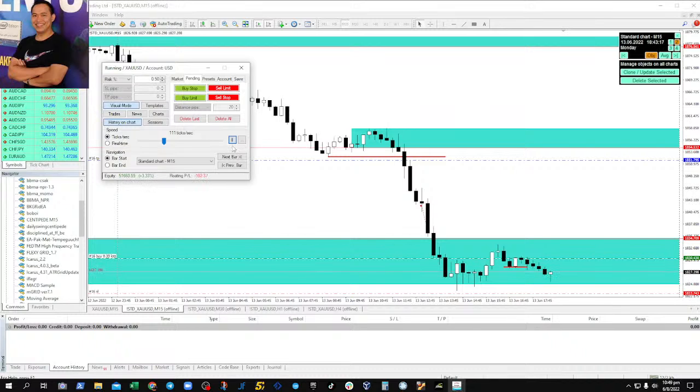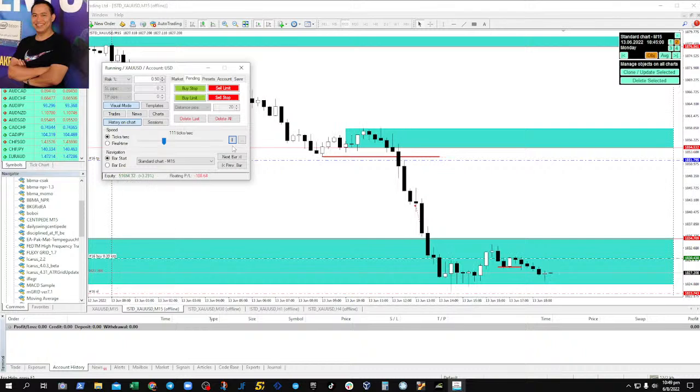Okay, let's see if this candle closes bullish. Okay, now it's making a bullish pin bar, and we're at $100 drawdown, and it's almost the end of our trading session. Now it doesn't look good at all. Oof.